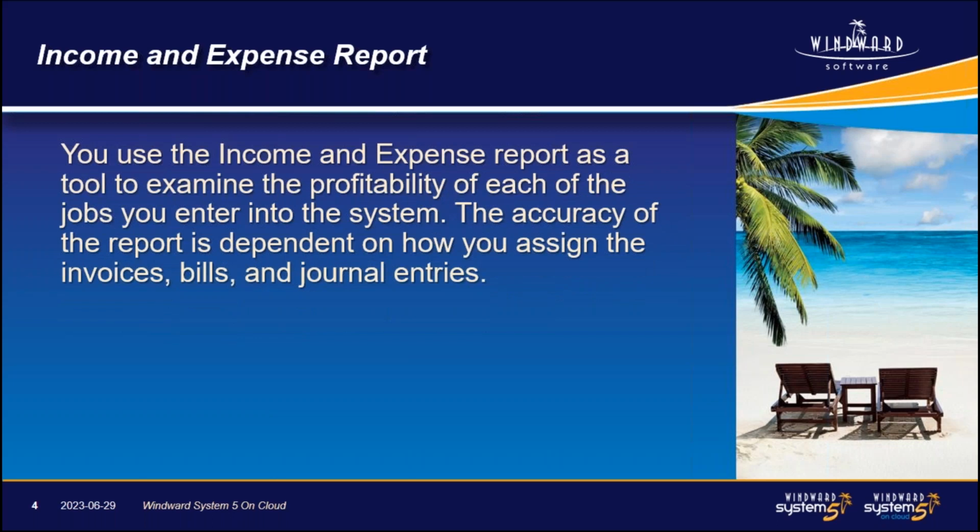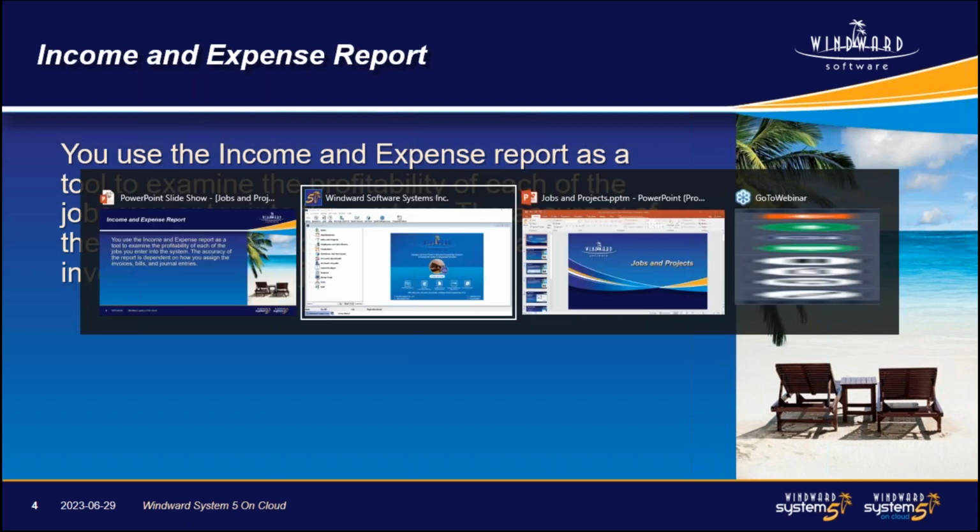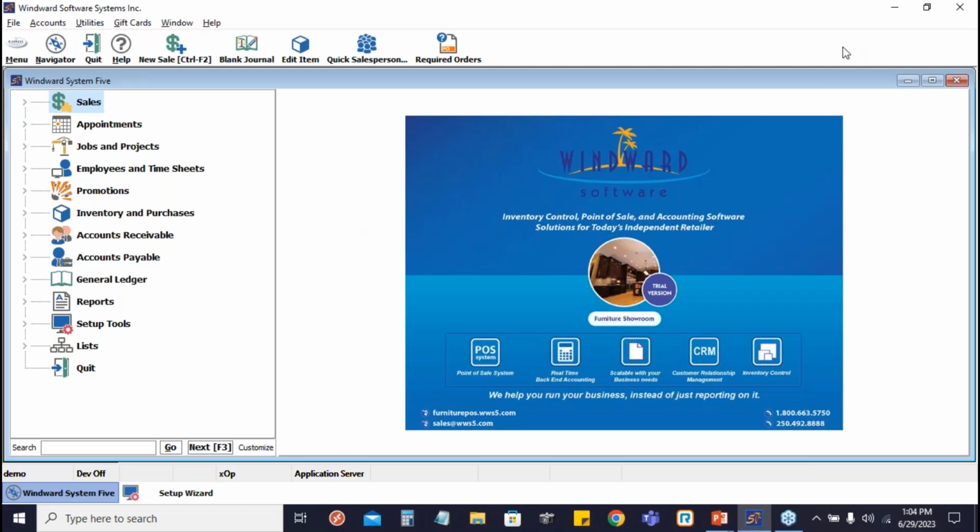All right, now I'm gonna pull up my demo here for our demonstration. First of all, we need to set up jobs and projects because it's not turned on by default.